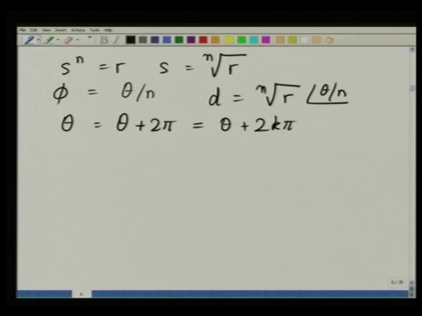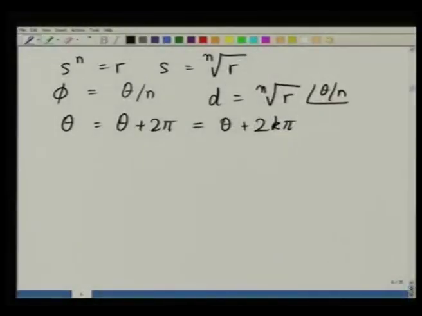Once we recall this, we can see a means of extracting the remaining roots of C by finding other values for phi. We will call the first value of phi that we have found, phi equal to theta by n, as phi 1.